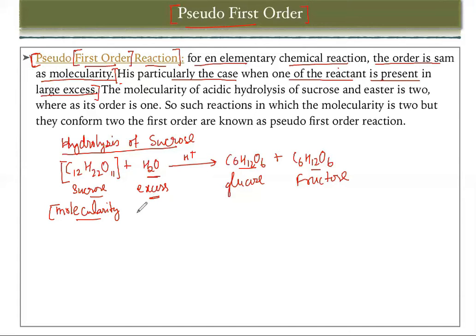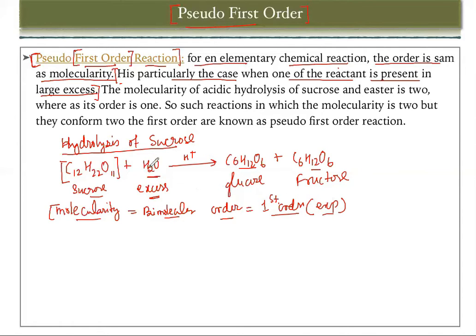So we can see that the molecularity is bimolecular. Whereas if you consider the order, the order is first order. As we already discussed, order is calculated experimentally. Hence, it will follow the first order kinetics.